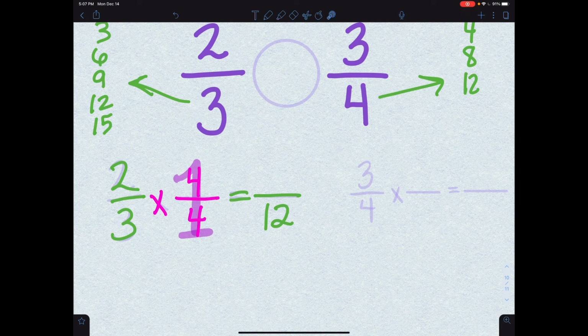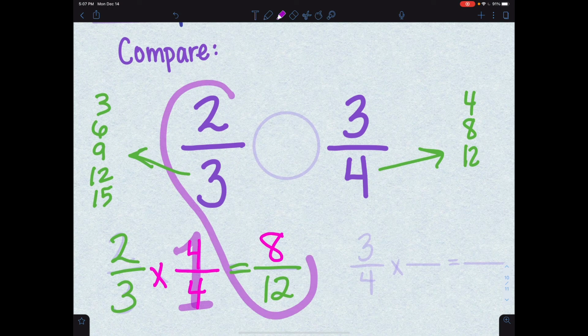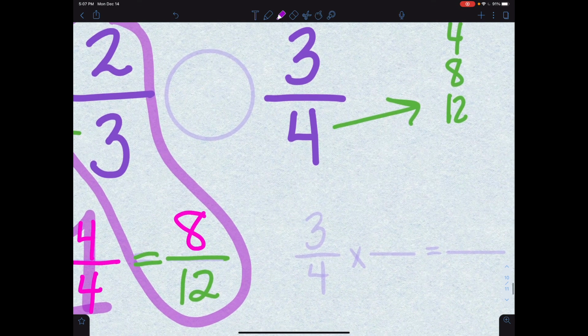So we've got 3 times 4 is 12 on the bottom, and on the top we have 2 times 4 is 8. So the 2/3 becomes 8 over 12. I'm just going to combine this into one big circle so you can see that that's what that is. Now let's do the other side.